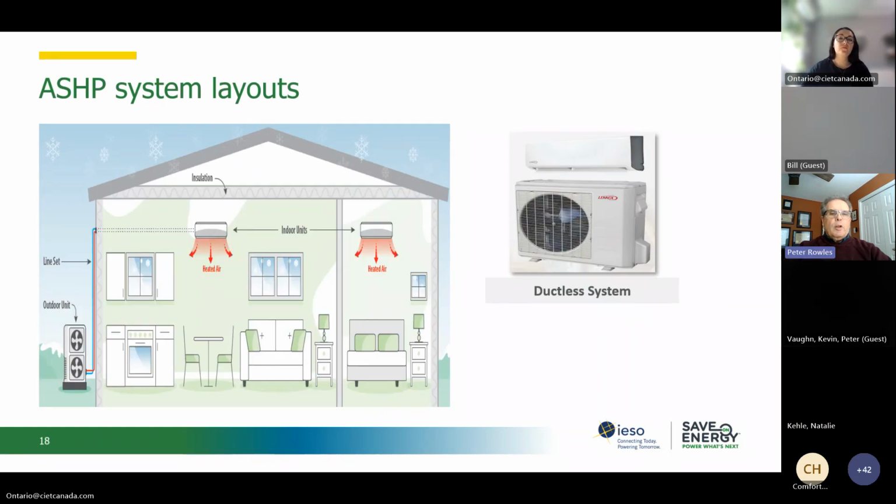The next one shows a ductless mini split single zone, or a ductless mini split multi-zone, same as a centrally ducted system. The outdoor unit is extracting or releasing heat from or to the outside air. The indoor unit or units are releasing or extracting heat to and from the indoor air depending on the season. The wall units are shown here, but there may be a variety of indoor terminals such as floor mounts and ceiling cassettes as well.